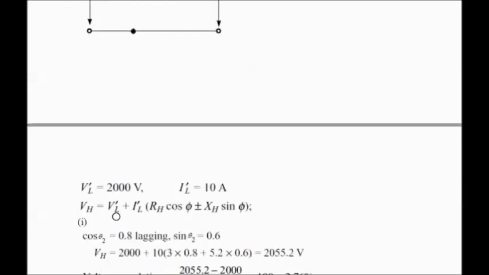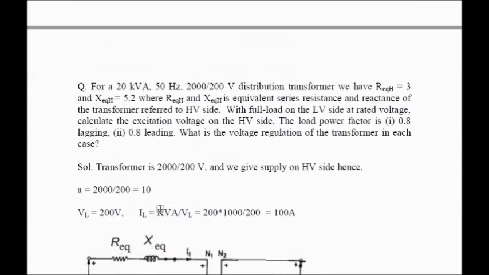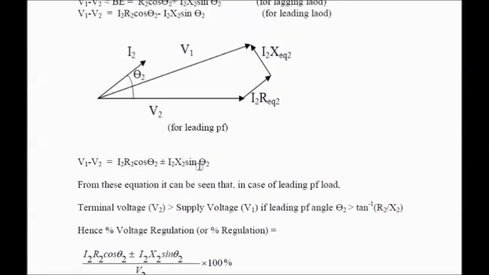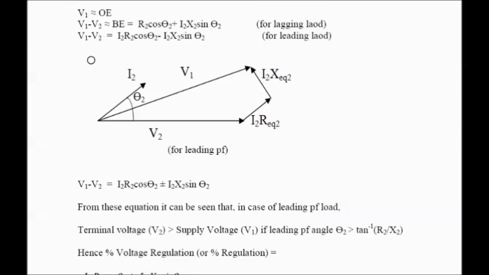Now again, using the approximate formula for voltage regulation, V1 minus V2 is I2 R2 cos theta 2 plus or minus I2 X2 sin theta 2, plus for lagging power factor and minus for leading power factor. V1 will be V2 plus I2 R2 cos theta 2 plus or minus I2 X2 sin theta 2.